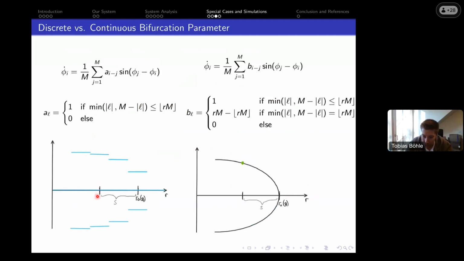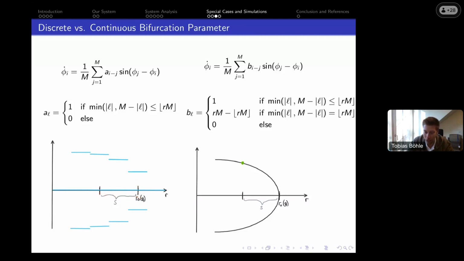Which means this difference from S is negative 10 to the negative 4. But then the width of these steps is 1 over m. And so ideally you want to make m very, very large, such that there are a lot of steps that fit into this interval here.